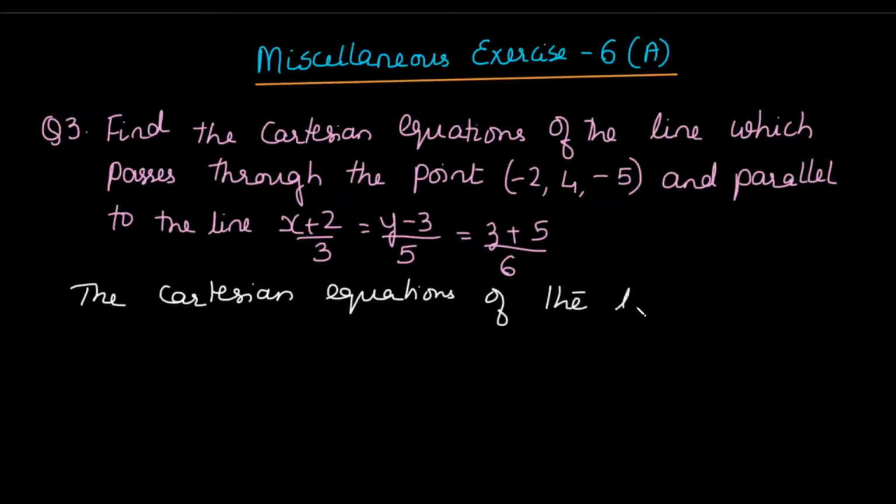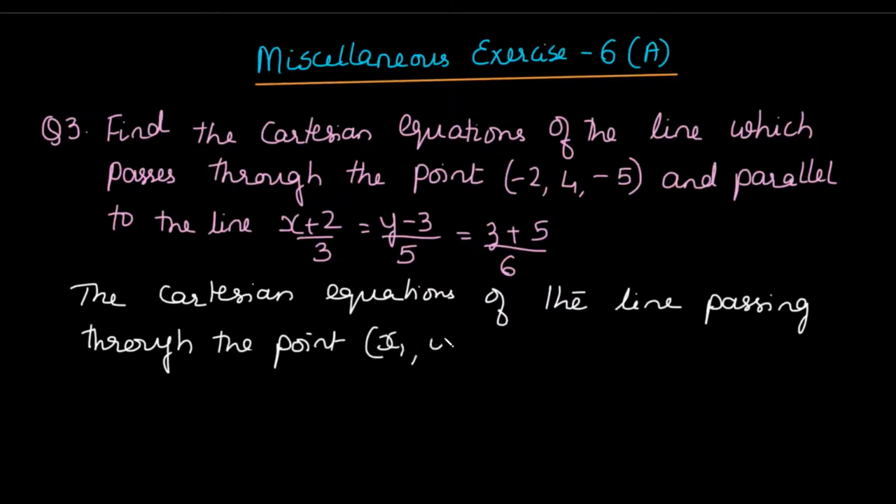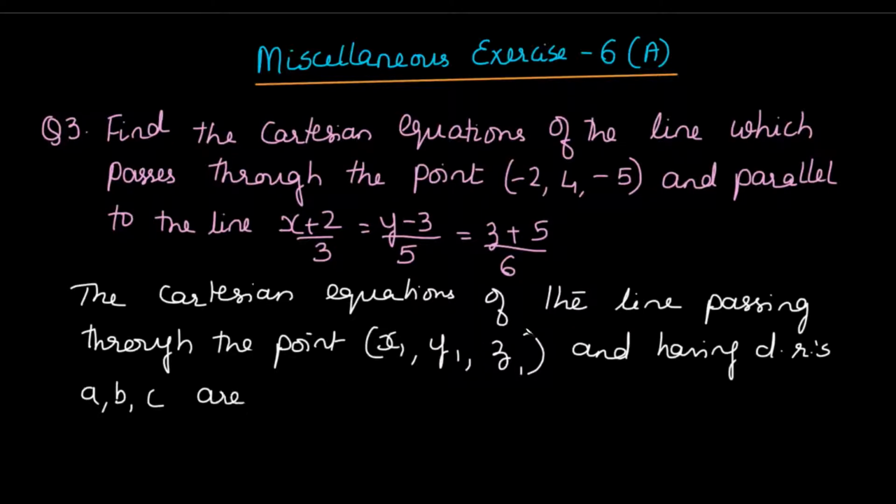of the line passing through the point x1, y1, z1 and having direction ratios, let me write it as dr, direction ratios a, b, c are given this way.